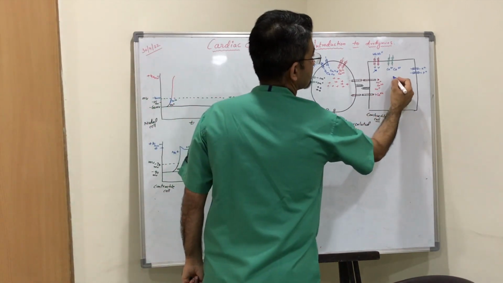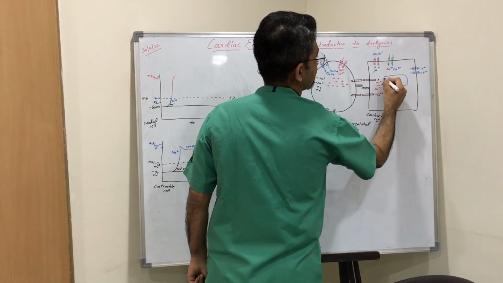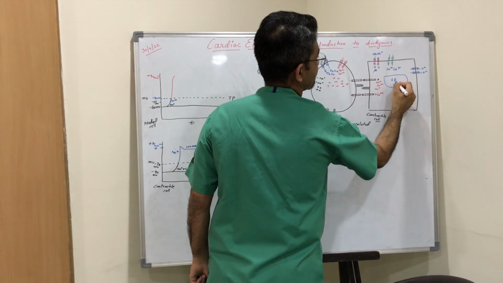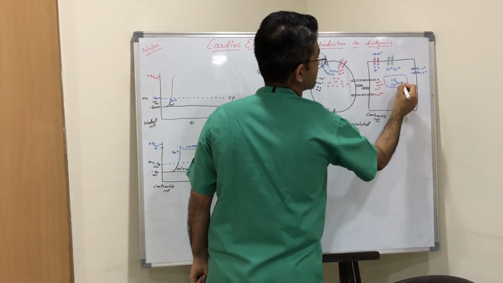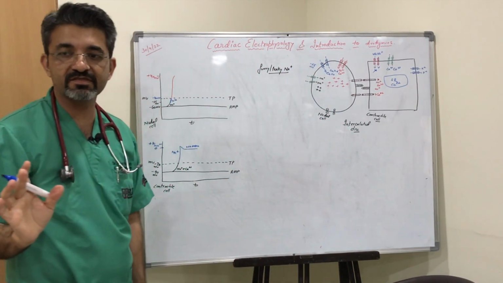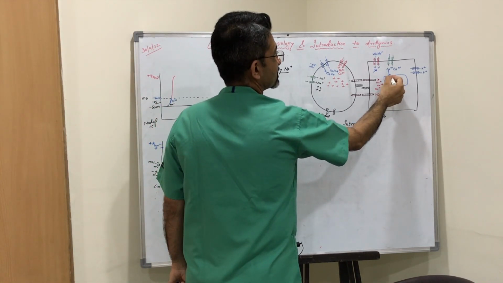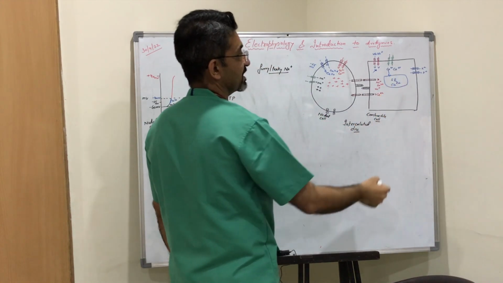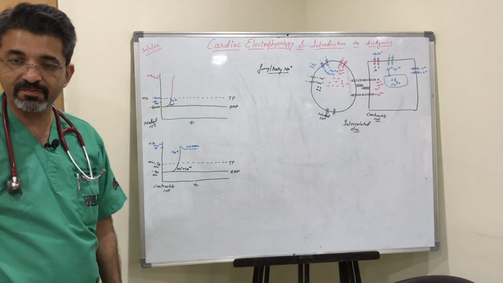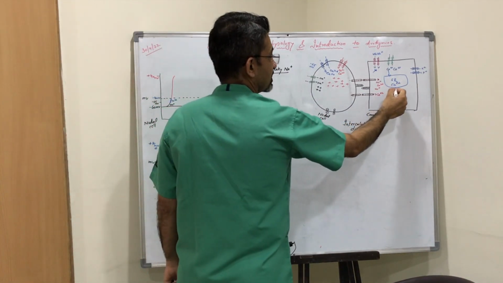There is sarcoplasmic reticulum inside the contractile cell which contains abundant calcium. The calcium coming in is a stimulus to open up calcium release from the sarcoplasmic reticulum.